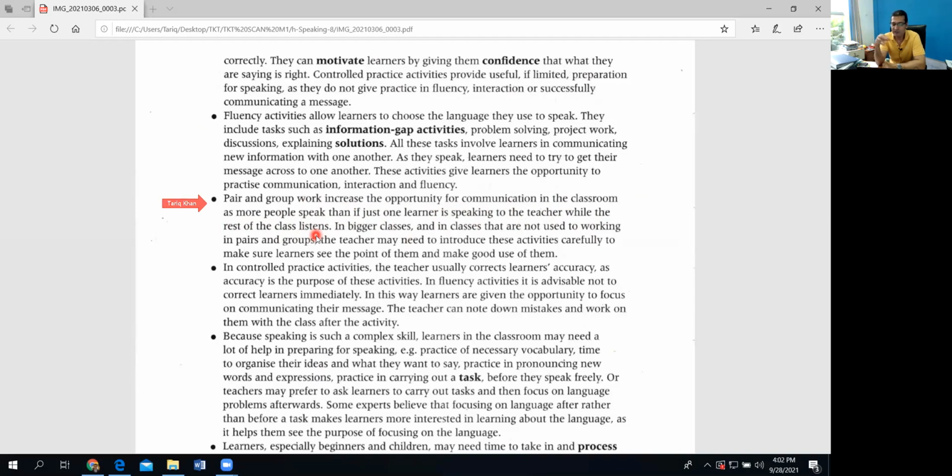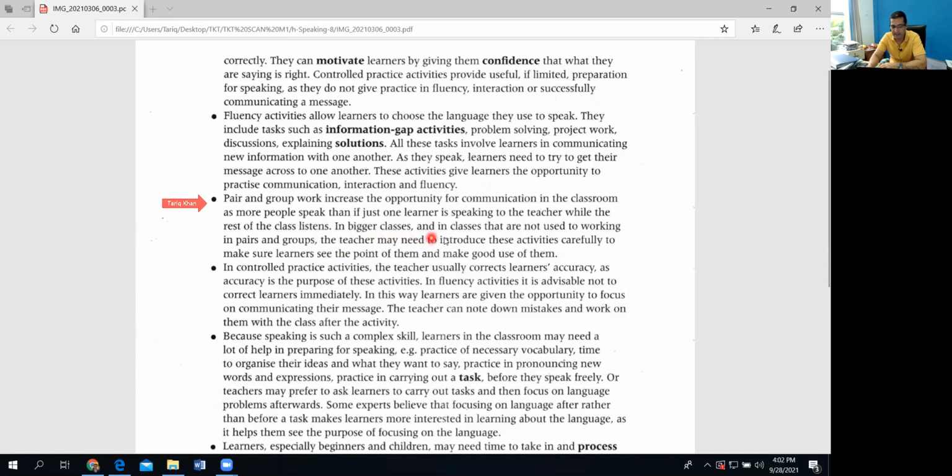It gives opportunity for communication, to talk to each other in the classroom, rather than one student interacting with the teacher. That's not that efficient. When you put the students in pairs or in groups and put them to talk to each other on different topics, that improves their speaking ability and communication much better.